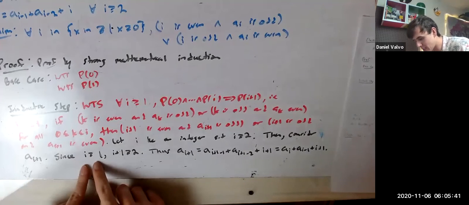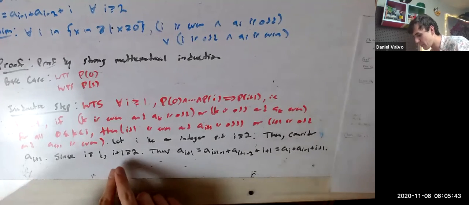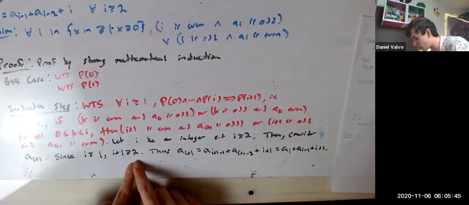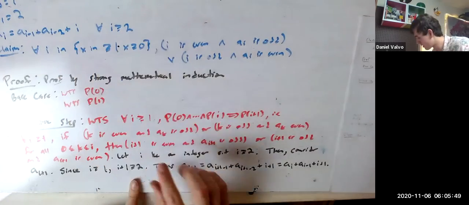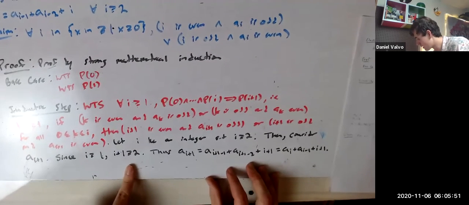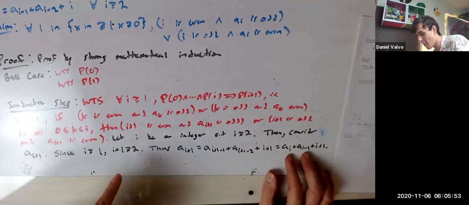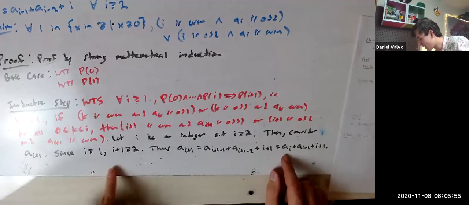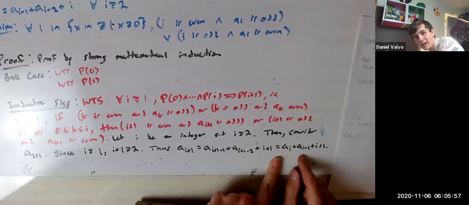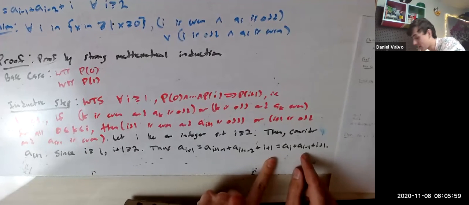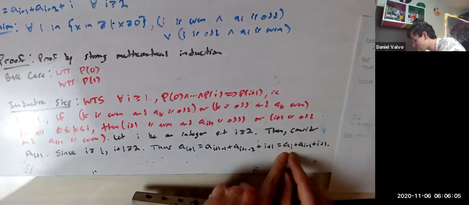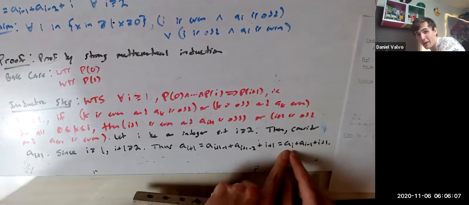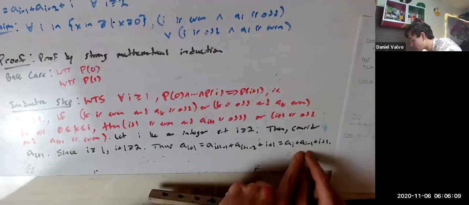The key is because i is bigger than or equal to 1, i plus 1 is bigger than or equal to 2, so we can calculate it using our recursive formula right here. And by our assumption, a_i and a of i minus 1 follow our claim, meaning if i is even, a_i will be odd. If i is odd, a_i will be even. And same thing with a of i minus 1.